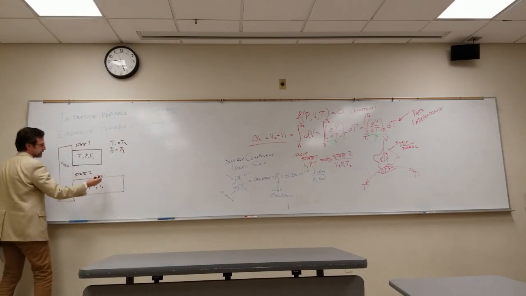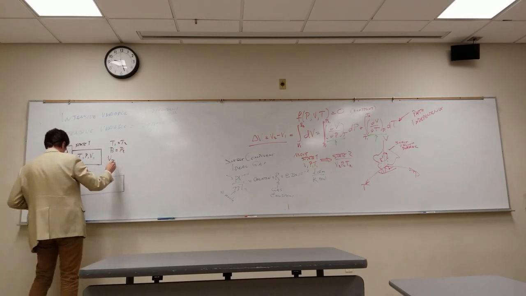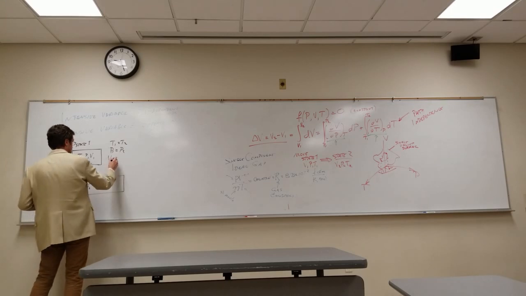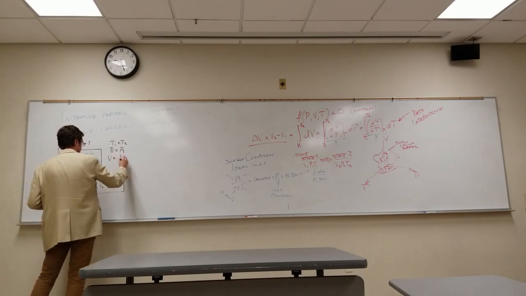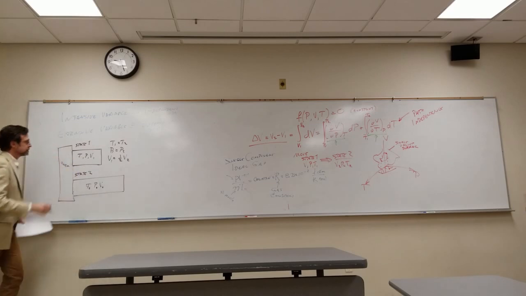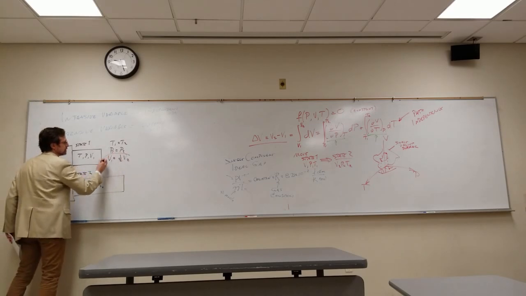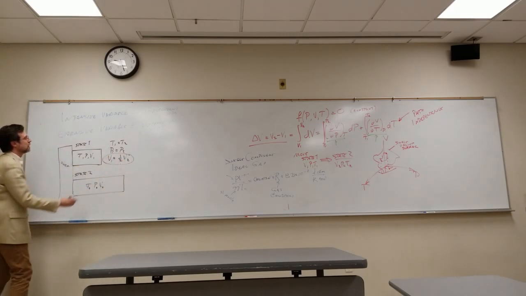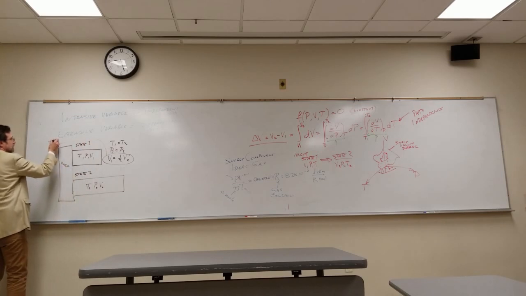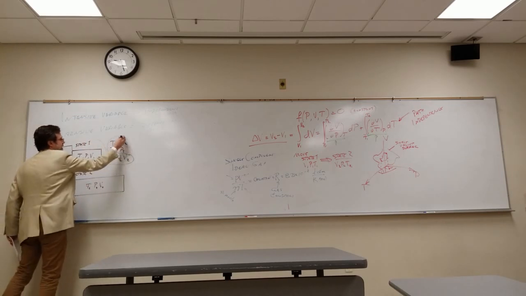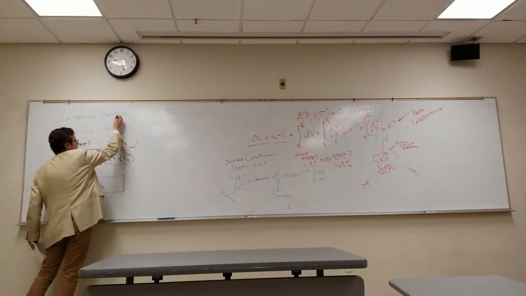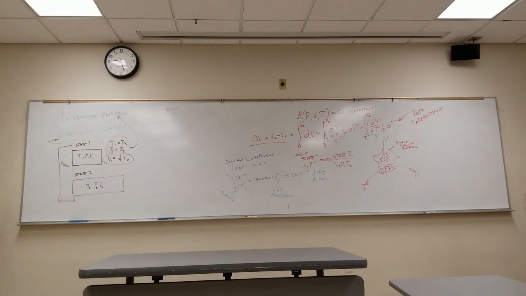Volumes, though, we have V1 to one-half of V2. So in this case, our V1 and V2 are extensive variables, and temperature and pressure are our intensive variables.